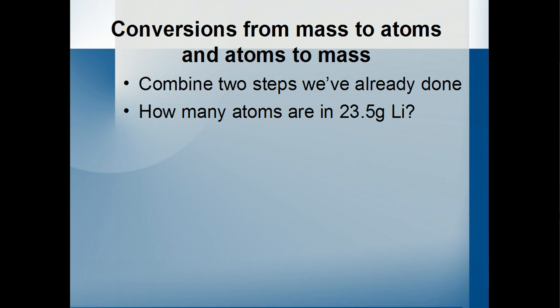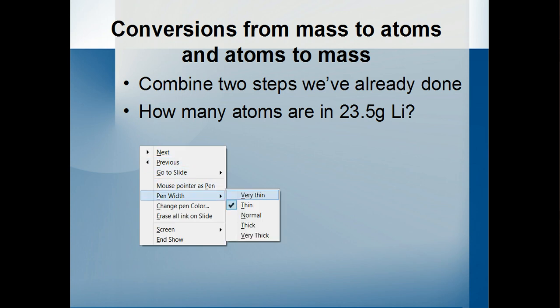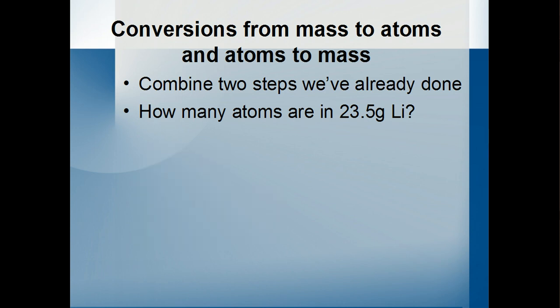So how many atoms are there in 23.5 grams of lithium? Basically, you're going to start exactly where we would start in the previous problems. We would write down what we know. So we know we have 23.5 grams of lithium.